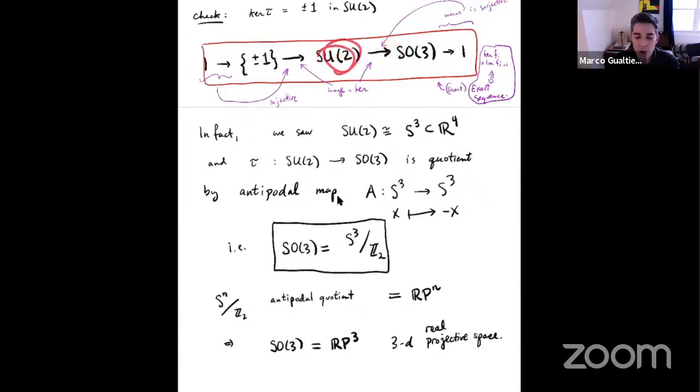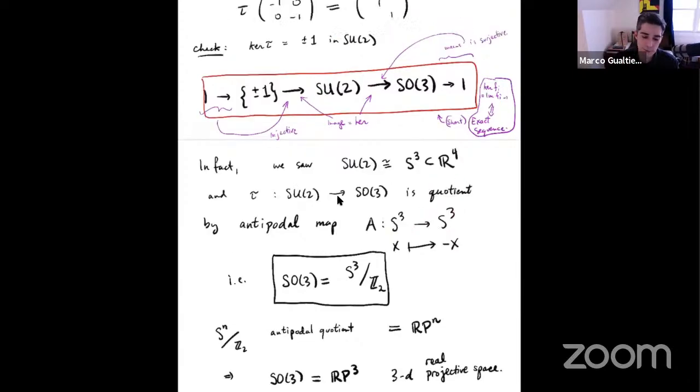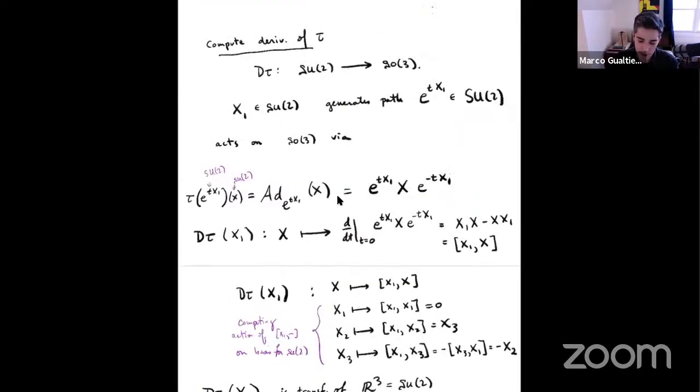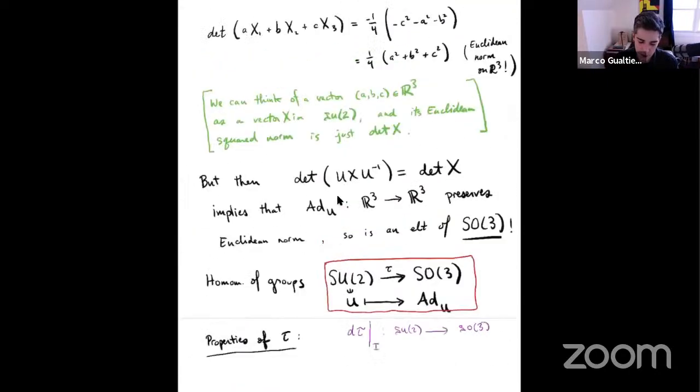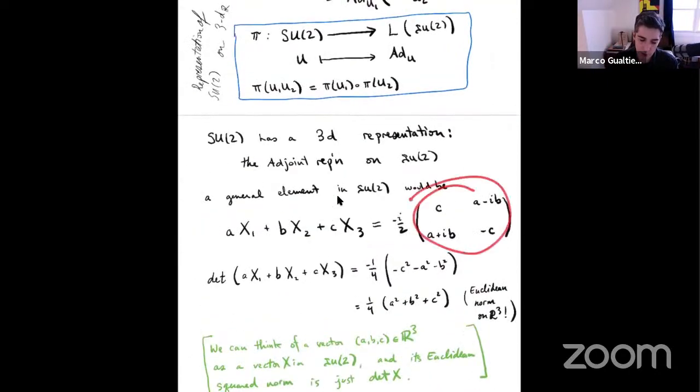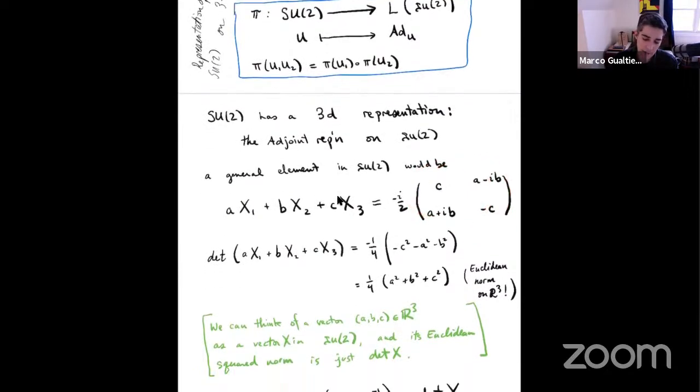But if I take that matrix and multiply by -1, it will be sent to the same point. So there's an action on SU2 by multiplication by -1, and that action turns out on the sphere. If you check it out in coordinates, if you write it this way and you multiply by the -1 matrix, then look what happens.